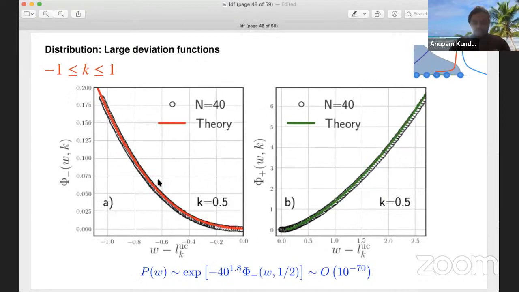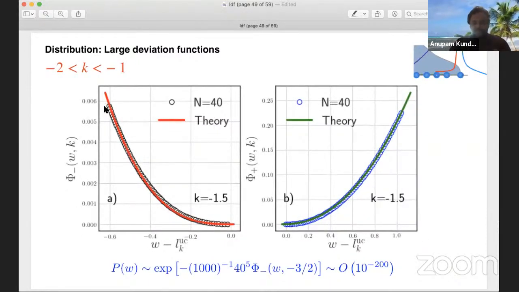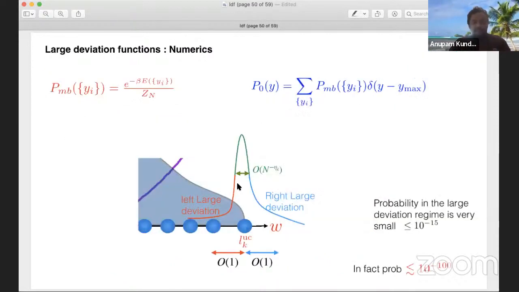Here also we could generate probabilities of order 10 to the -100 for this range of k. And for this range of k, we could generate probabilities of order 10 to the -600, even though we have plotted till here, which is 10 to the -200. And of course, these probabilities we could not generate using the normal sampling method.